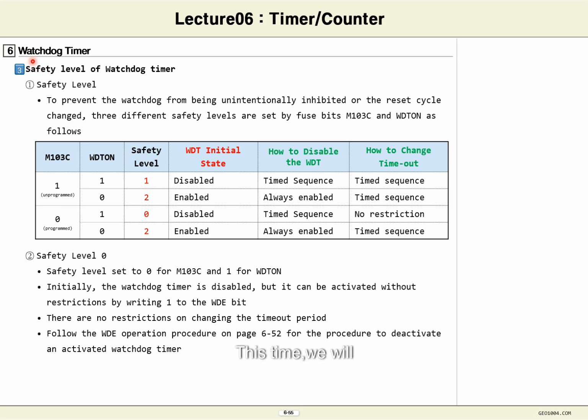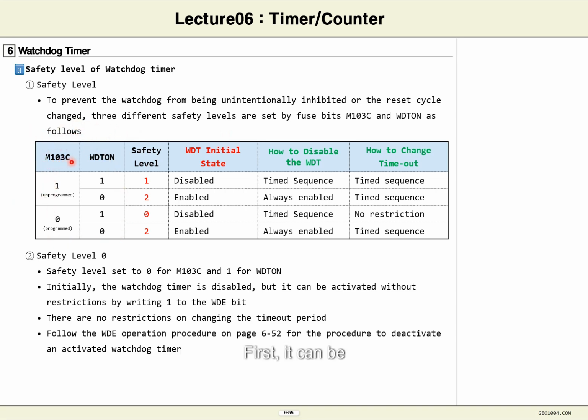This time we will look at the safety level as the third part of the watchdog timer. It provides 3 different levels of safety to prevent accidental disabling or alteration of the reset period. This safety level is determined by the fuse bits M103C and WDTON as follows.